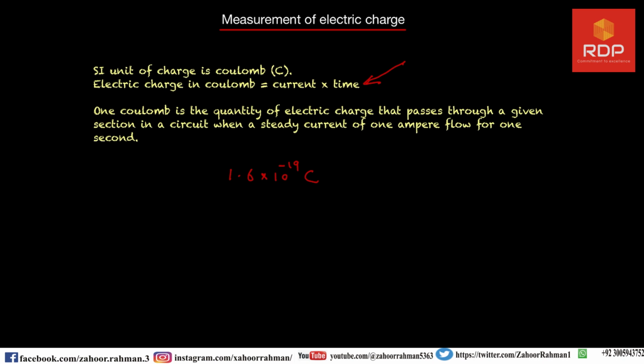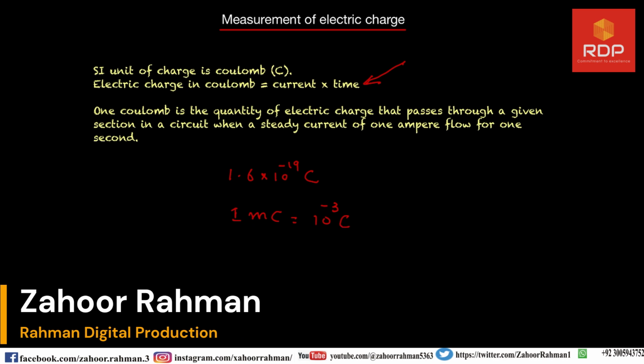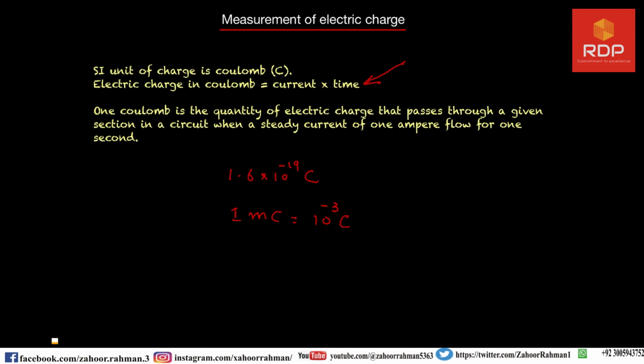submultiples of coulombs. The common submultiples used are the millicoulomb, where 1 millicoulomb is equal to 10^-3 coulomb, and 1 microcoulomb is equal to 10^-6 coulomb.